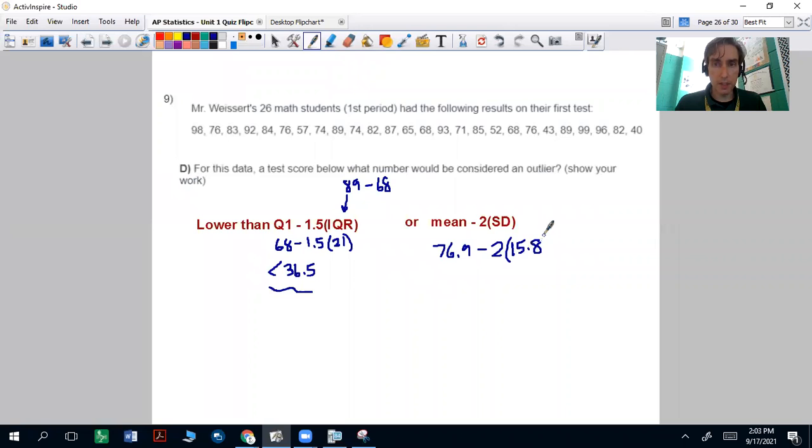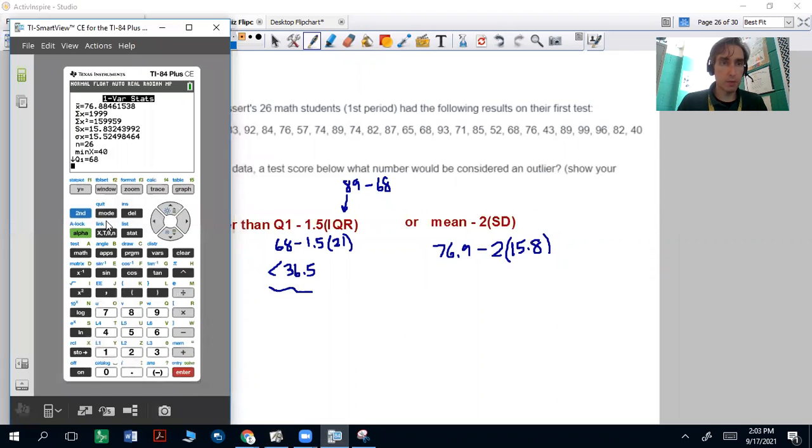And that could get you a rough estimate there. And those numbers will be different, but as long as your method is consistent, it doesn't really matter which one you use, in my opinion, unless a question specifically tells you to use a certain one. Any one is fine. So I'm saying anything lower than a 45.3 there.